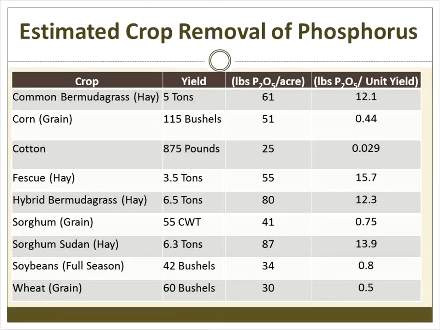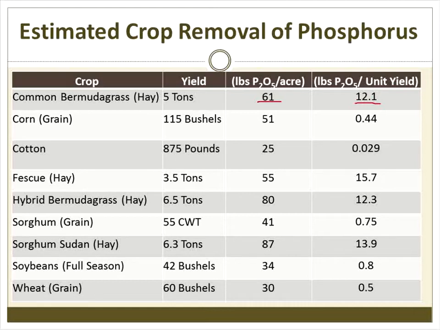And so what we have is this concept called phosphorus takeoff, phosphorus removal. And these are just some examples in this chart. I picked a particular soil and looked at the yield values and looked at how much phosphorus per unit of yield would come off for a particular crop and calculated the phosphorus removal value.